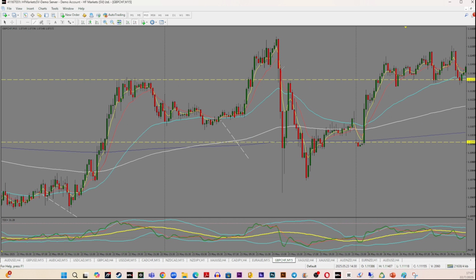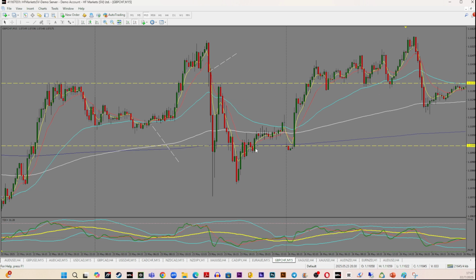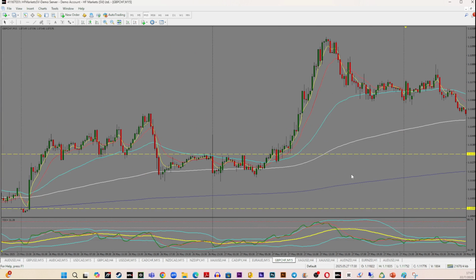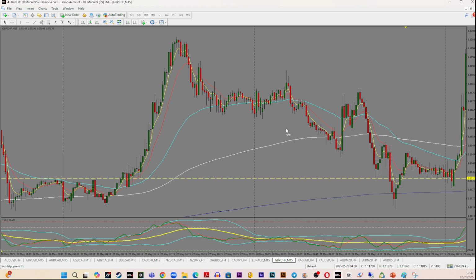Entry at the closure of this particular candle, and we could actually take our profit at twice the risk that we have. Stop loss above the structure and take profit at 2R like that. This does not occur each and every day, but when it does, it will be of high probability.